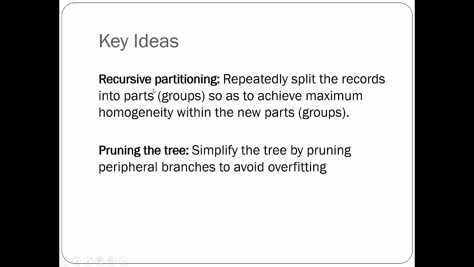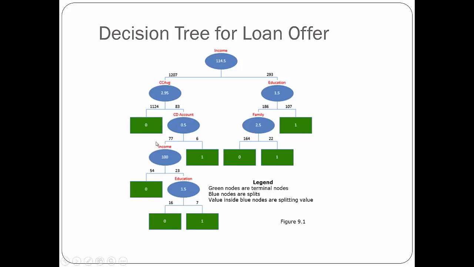We keep doing that until we achieve maximum homogeneity within the new part. Here, apparently, all the observations that came here were all class equal to 0. That is complete homogeneity, so no further branching is necessary from this rectangle.